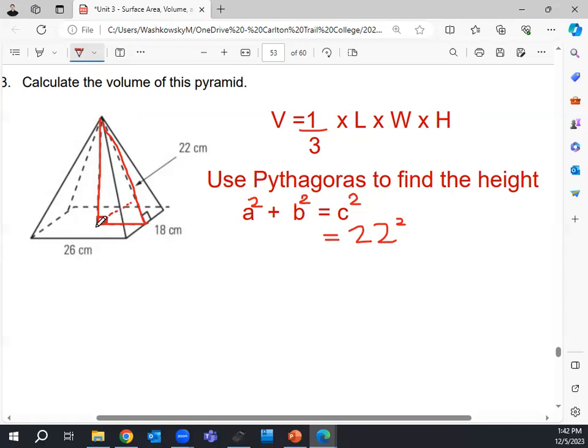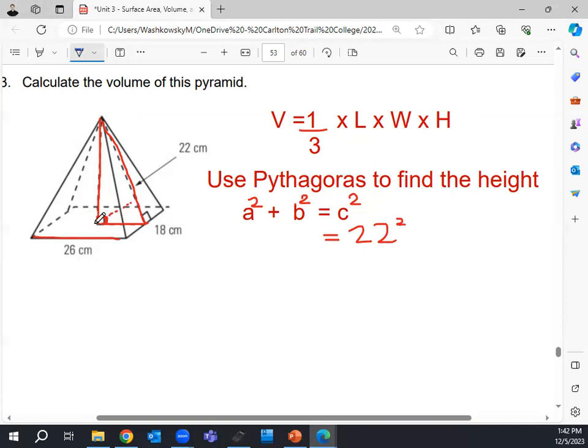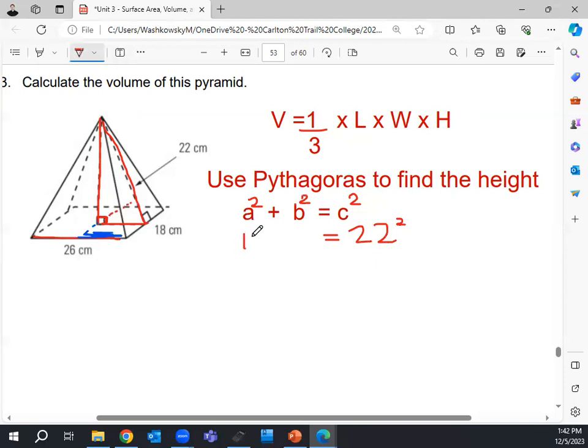No, it's not 26. 26 is the length of the whole thing, but I only care about the length of this part of it, which looks like it's about half. So probably 13. That's where I'm getting 13 from: I've taken this 26 and cut it in half. So 13 squared plus b squared equals 22 squared.